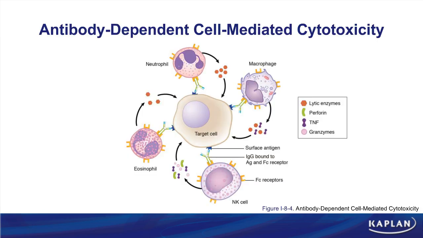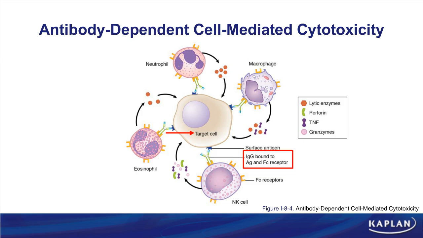All right, so I know a figure like this can get a little bit overwhelming. So let's just start with the natural killer cell. You can see that you have an antibody, which again has to be IgG, binding to the target cell. Now, what kind of target cell would IgG bind to? Well, it could be a viral infected cell that's expressing viral antigens on the cell surface. Could be a transformed cell.